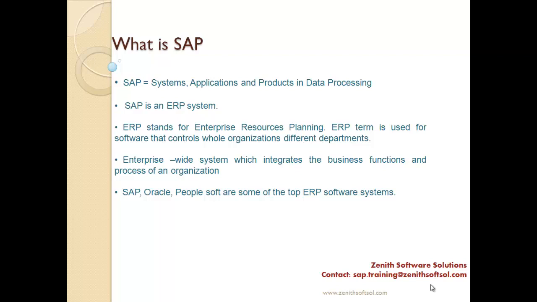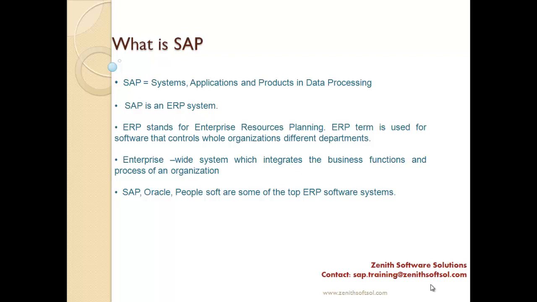So what does this ERP do? Basically, it's a software that controls the whole organization's different departments. Different departments in the sense like there could be human resource department, finance department, sales department, material department, there could be many departments.